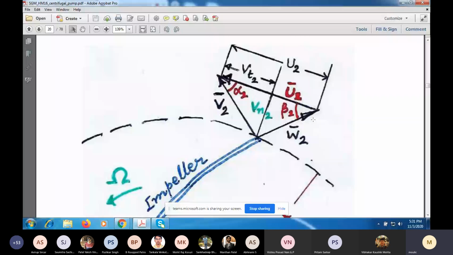But you see that the W2 radial component and V2 radial component are the same. If you look at the tangential component, Wt2 is actually U2 minus Vt2. So U2 is this entire length, Vt2 is this length, and U2 minus Vt2 will give you Wt2.